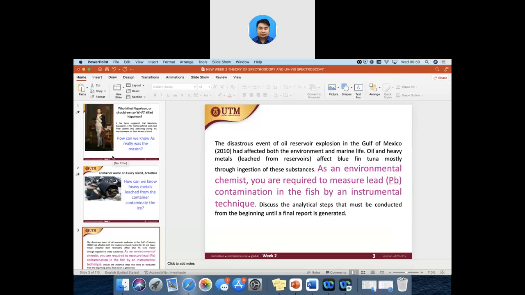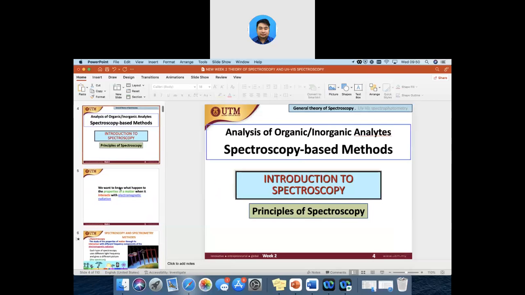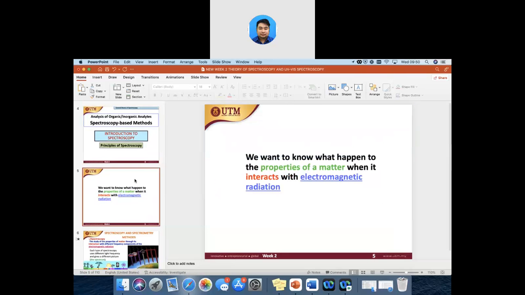Okay, so basically now we are going to look at the principles of spectroscopy. Why? Because we want to know what happens when matter interacts with electromagnetic radiation.